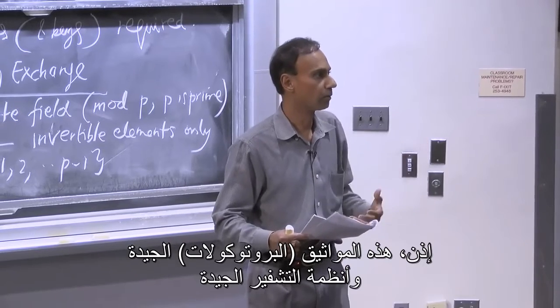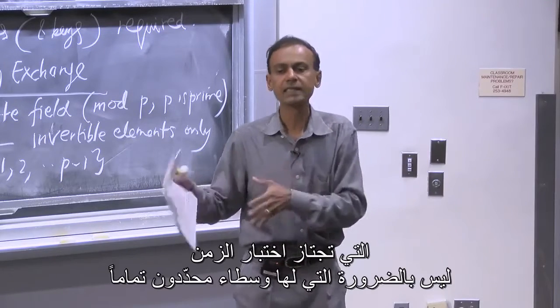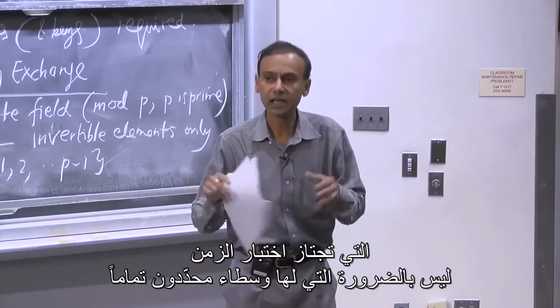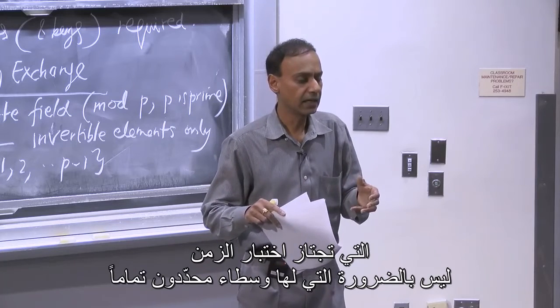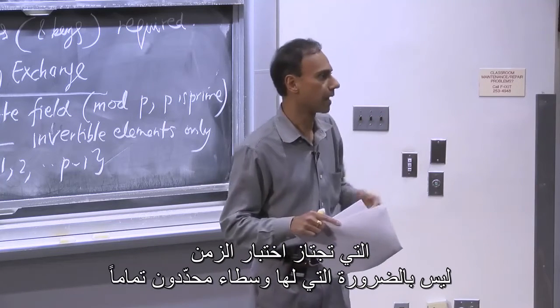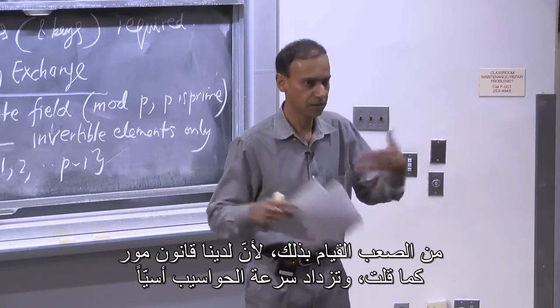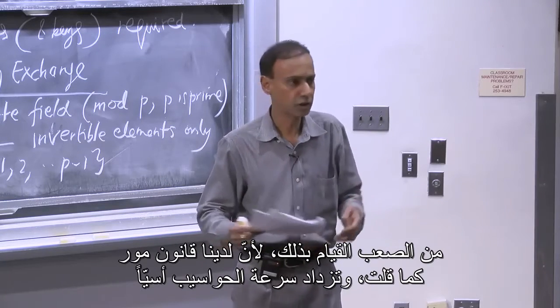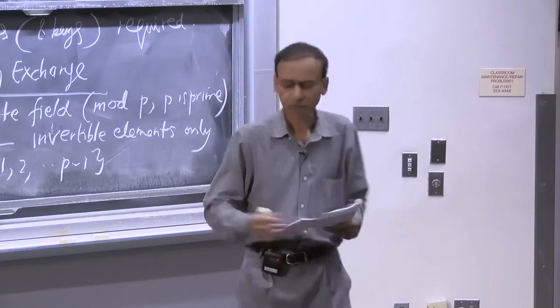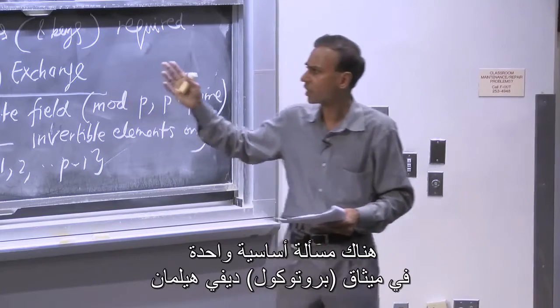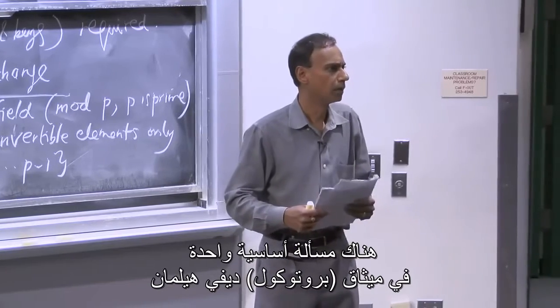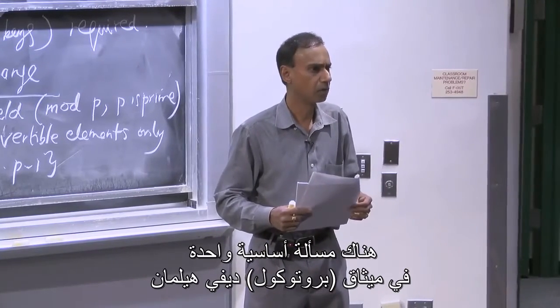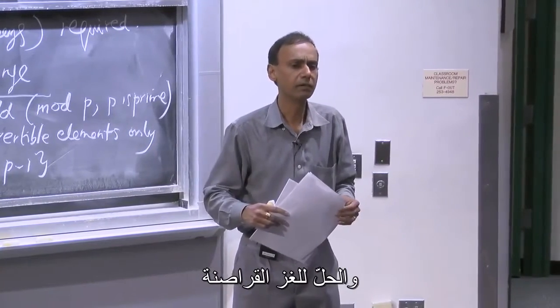So those are the good protocols and the good crypto systems that stand the test of time, not necessarily the ones that have exactly particular parameters. That's hard to do because, as I said, Moore's law and computers have been getting really exponentially faster. All right? So there's one main problem with the Diffie-Hellman protocol and the solution to our pirate puzzle.